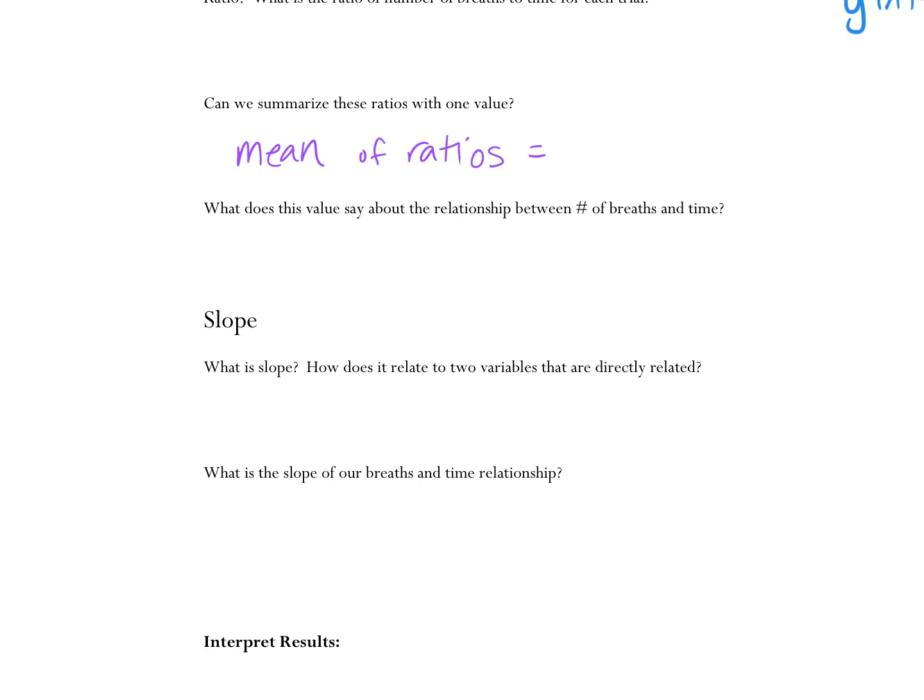Is everybody good? So go ahead and hit stat. Arrow over to calc. You're going to choose option 1 that says one variable stats. And where it says which list do you want me to do it on, we don't want to do it on L1. We want to do it on L3. So how do I get it to do it on L3? Second 3. See, you guys are on this.